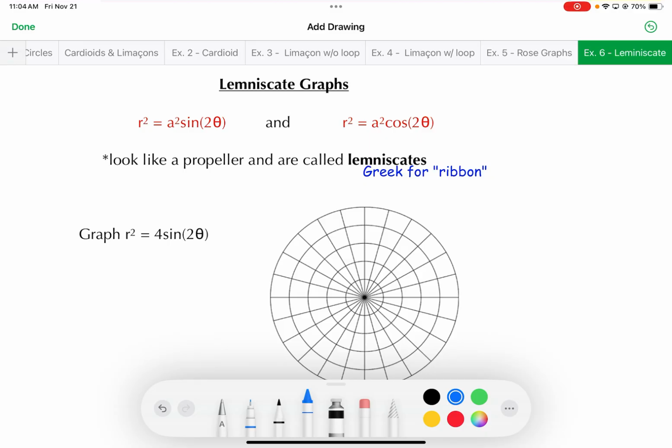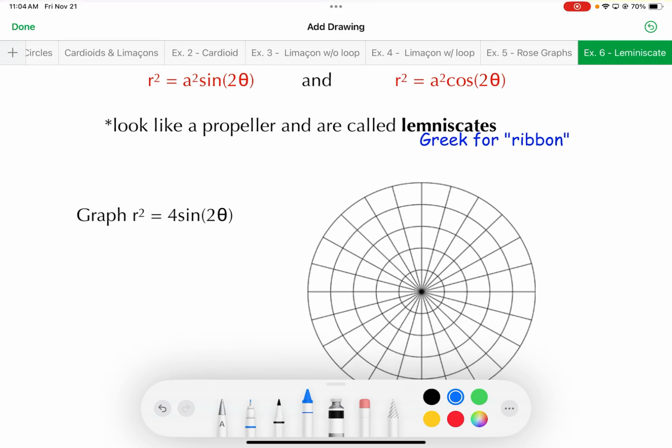So if I want to do r squared equals 4 sine 2 theta, to be able to evaluate this, I've got to get r by itself. So I'm going to have to square root both sides and make this plus or minus the square root of 4 sine 2 theta.